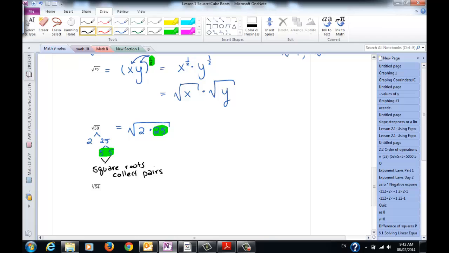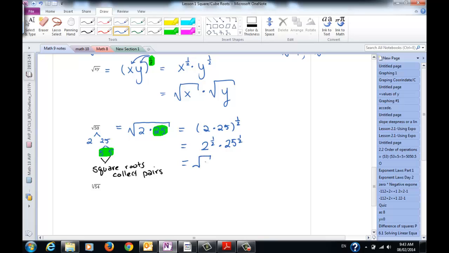Okay, and now remember, I can write this as an exponent. So 2 times 25 all to the 1/2. And now I can use my power of power rules and write this as 2 to the 1/2 multiplied by 25 to the 1/2.